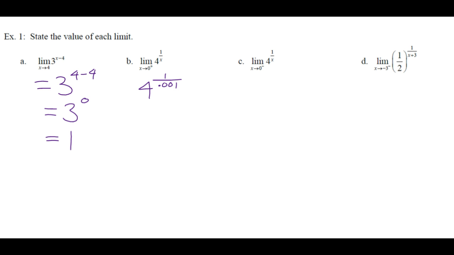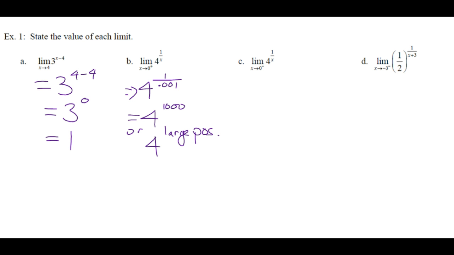So we are going to get a large positive number because we are approaching 0 from above, which means that x has to be positive. The smaller x gets, the larger 1 over x gets, which means we can think of this as 4 leads to, so 4 to 1,000, or 4 to a large positive number.